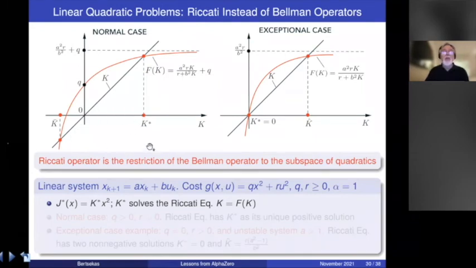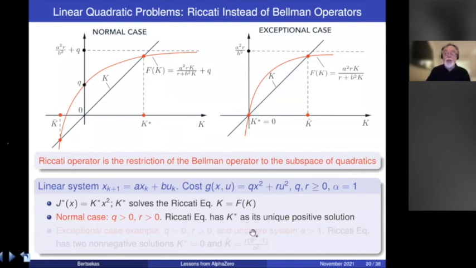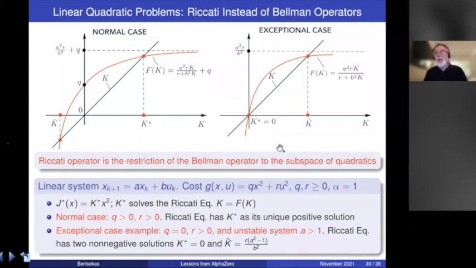In fact, this is true for multidimensional problems. The normal case is when Q and R are positive, and K star is the unique positive solution. However, just to sensitize you to exceptions, here's an exceptional case where Q is equal to 0. In that case, you lose observability, but K star is actually equal to 0, because you can set the control to 0 and attain an optimal cost of 0.